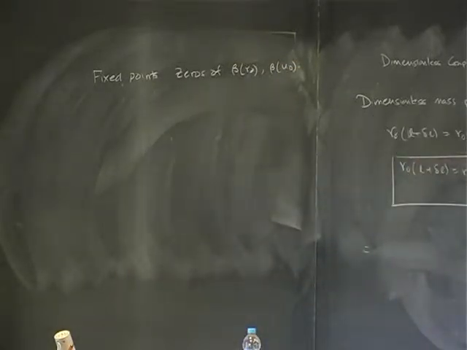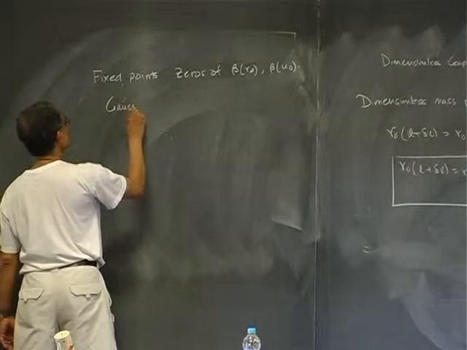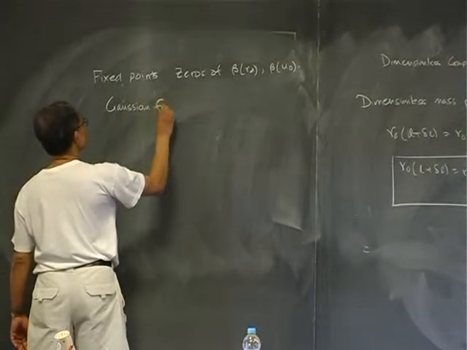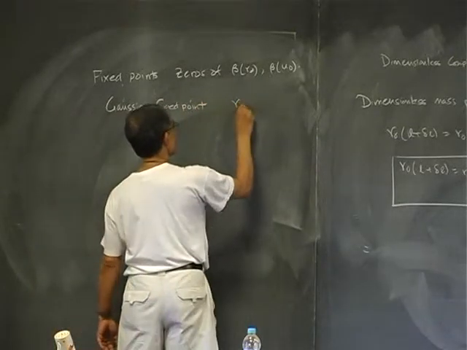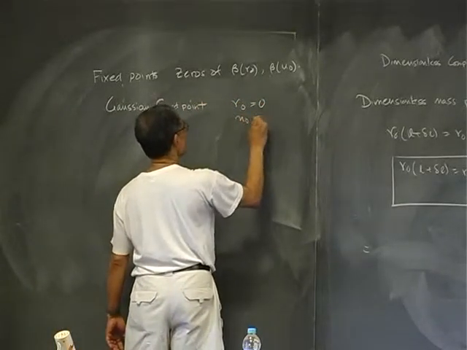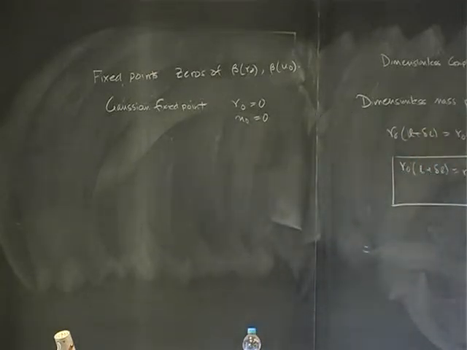There is one obvious fixed point, which is called the Gaussian fixed point. That's given by R naught equal to 0 and U naught equal to 0. But these equations seem to indicate there could be other zeros of the right hand sides.